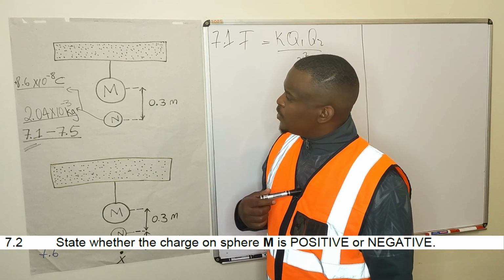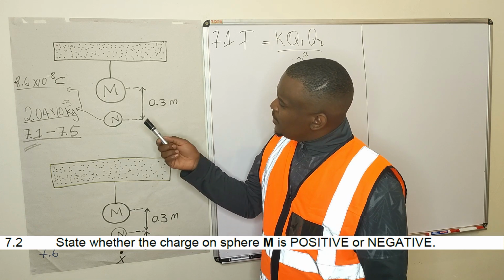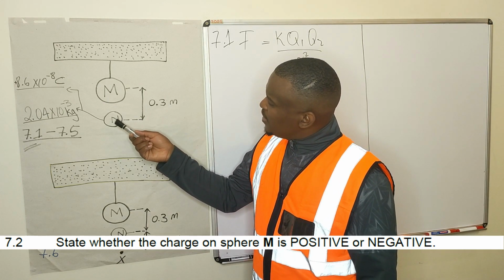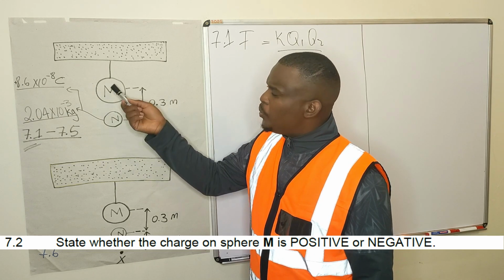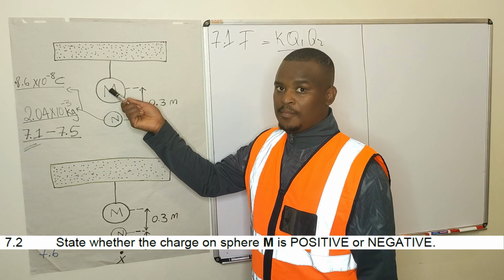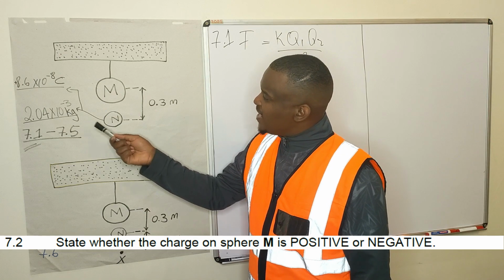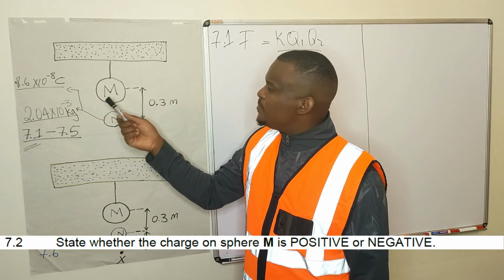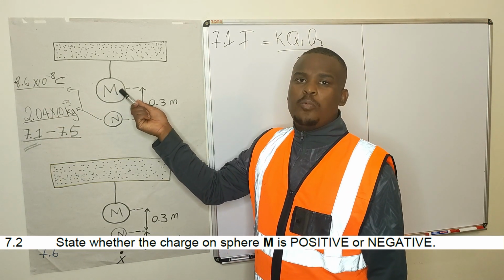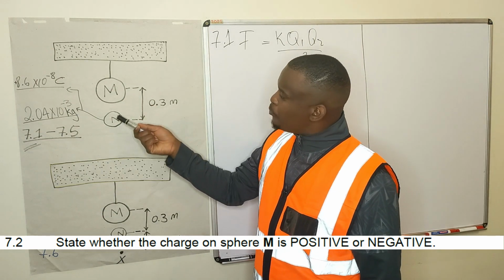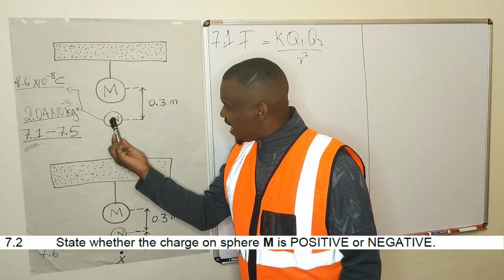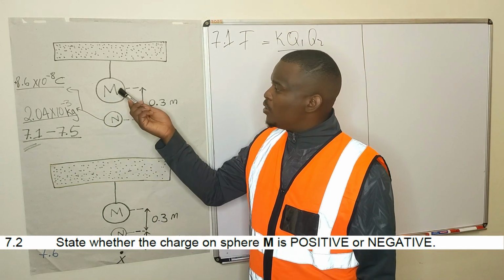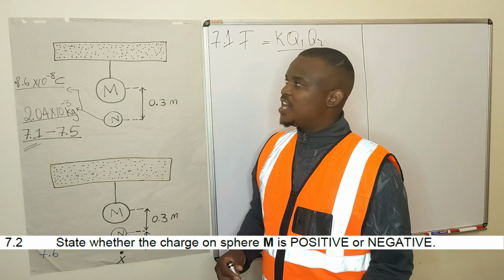So if there's gravity pulling it down, then it is pulled up by sphere M. And sphere N is positively charged. That means M should have the opposite sign, so that the force between them is attraction, pulling N upwards. So M is negatively charged.